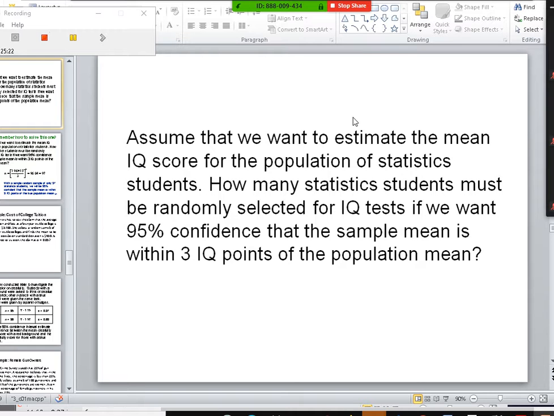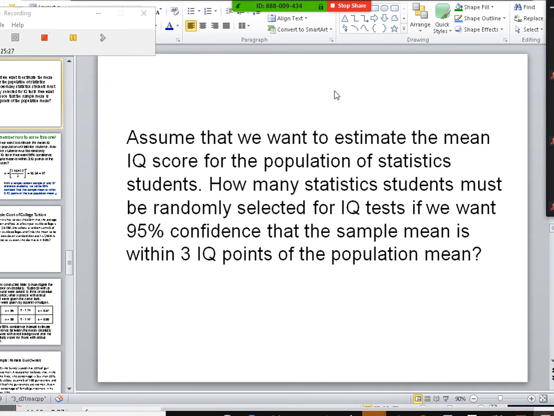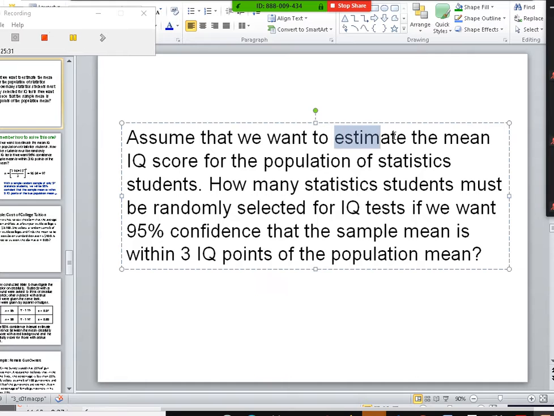Okay? So yes, you guys correctly said it's a mean, totally, which means it's a t-table, and it is an estimate, so it's a confidence interval, right? However, there's a question. So it's an estimate with a question, which means it's that special kind.